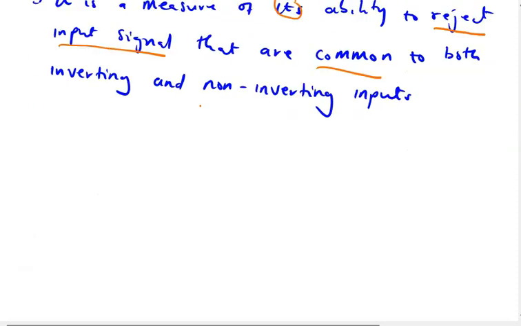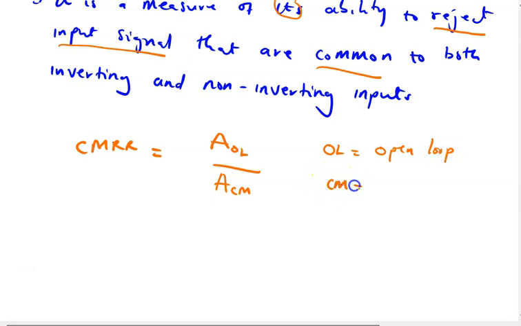And what is the formula for it? CMRR is given as the open loop voltage gain divided by the common mode voltage gain, where OL stands for open loop and CM stands for common mode, and A is the gain.